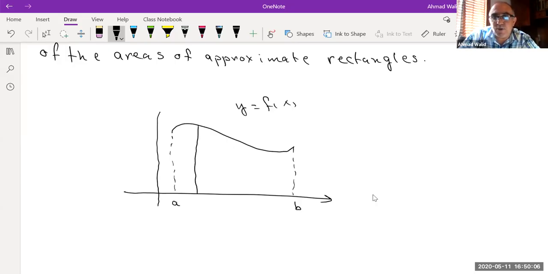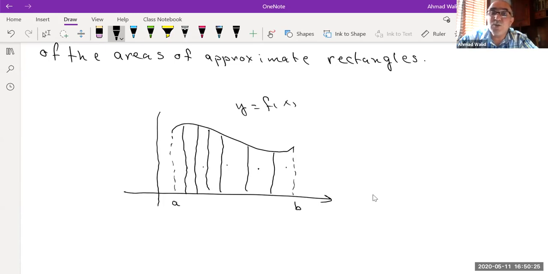For example, you can divide the area under the curve into 1, 2, 3, 4, 5 rectangles, correct? You can estimate the area. Or I can divide the area under the curve into 8 or 16 rectangles. What do you think?